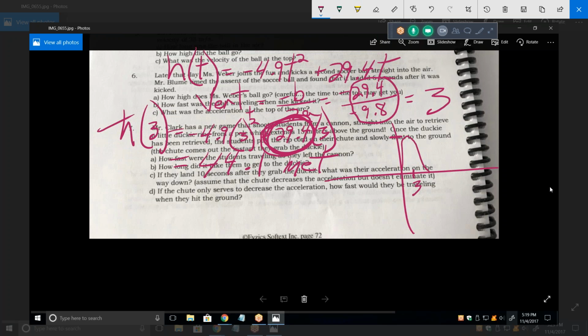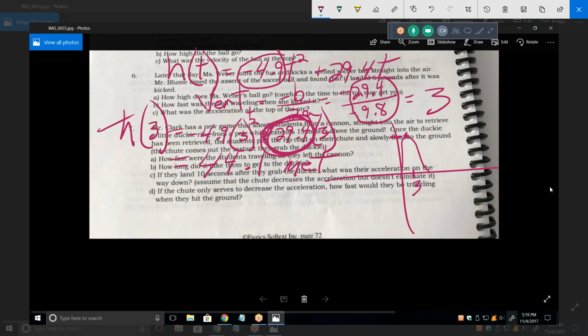When the ball gets to the very top, the entire path of the ball has a negative acceleration, and that negative acceleration is twice that number. Twice that number is minus 9.8.